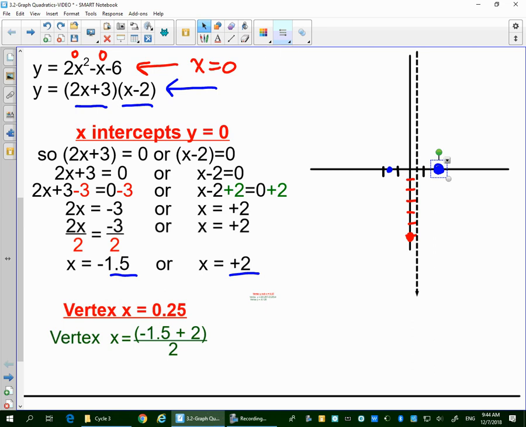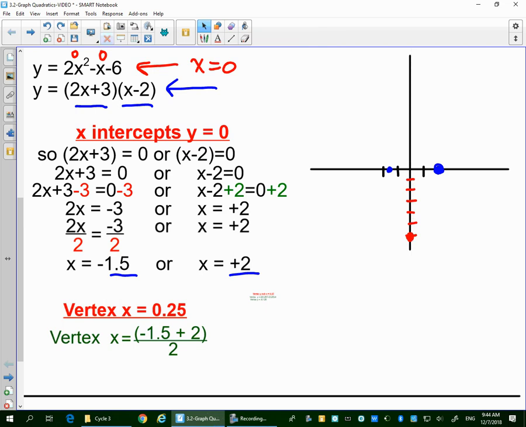It'll be on the line right here, wherever that happens to be. So you can sort of see that I go 1, 2 to get to here. If I go 2 from there, it's going to be just on this side of my y-axis that is the line that tells me where my vertex will be.